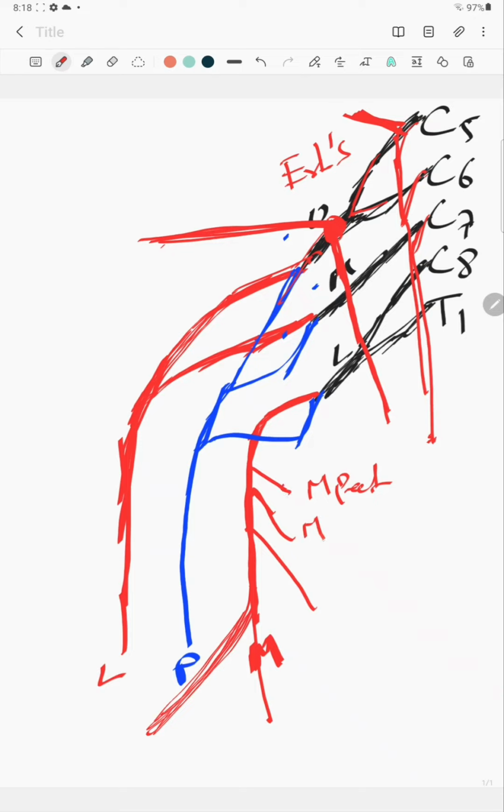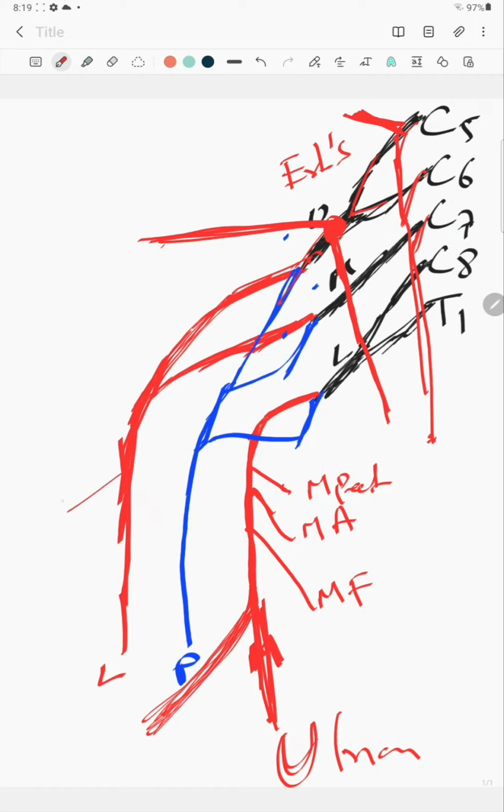So medial pectoral nerve, medial cutaneous nerve of arm, medial cutaneous nerve of forearm. Then it continues as the ulnar nerve, and it gives the medial root of the median nerve.